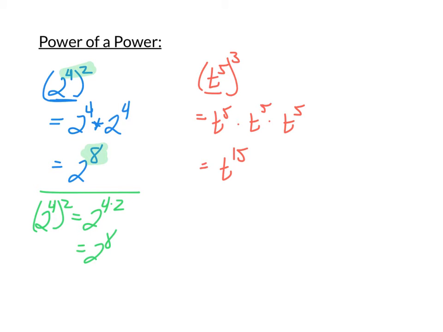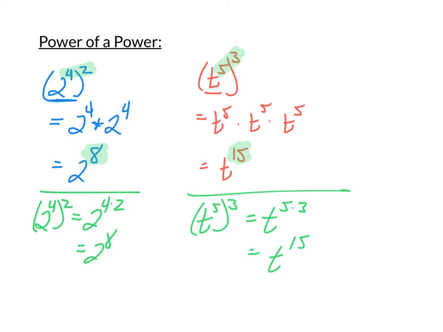Does that property still work in our second example? Well, when we had t to the 5th to the 3rd, we ended up with 15. And taking a closer look at that, t to the 5th to the 3rd is the same as 5 times 3. That's how we could get that 15.